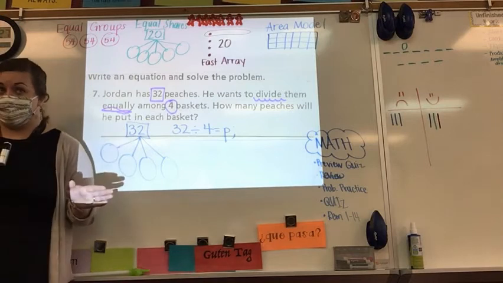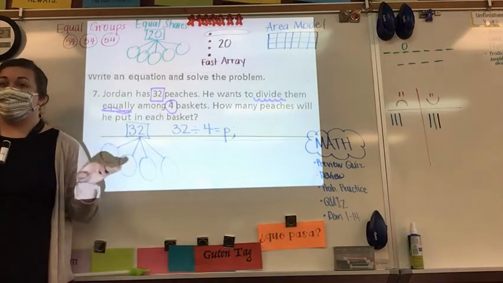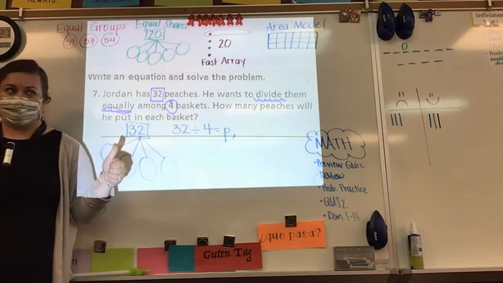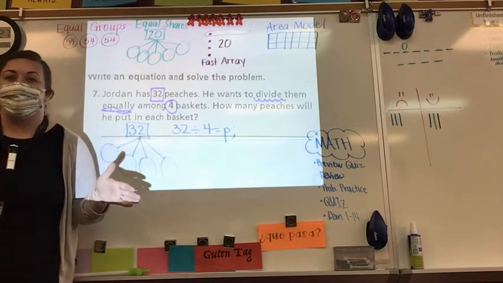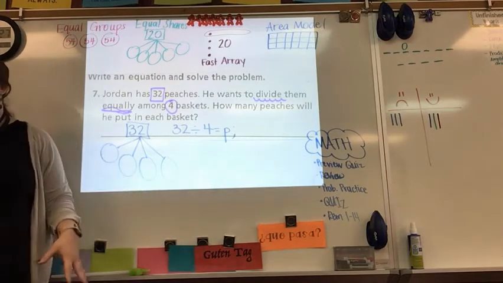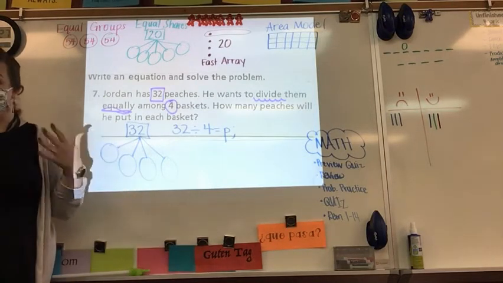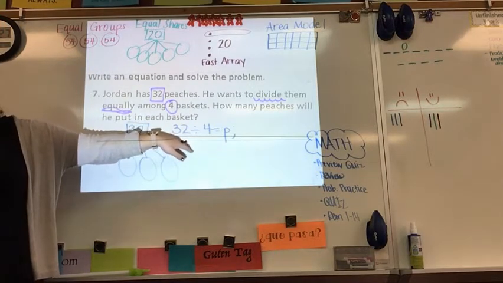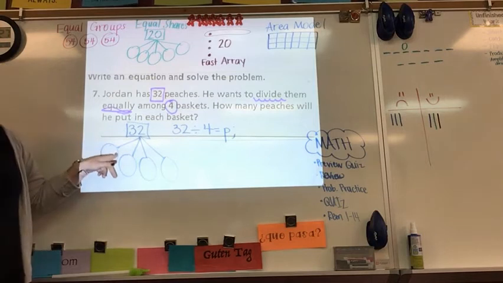Instead of doing the dots, I'm just going to write the total number at the end. The way I'm going to start is I'm going to count by my 4s because there's 4 groups, to figure out how many times I need 4s to get to 32. Because however many times I count by the 4, that's what's going to go on the inside.